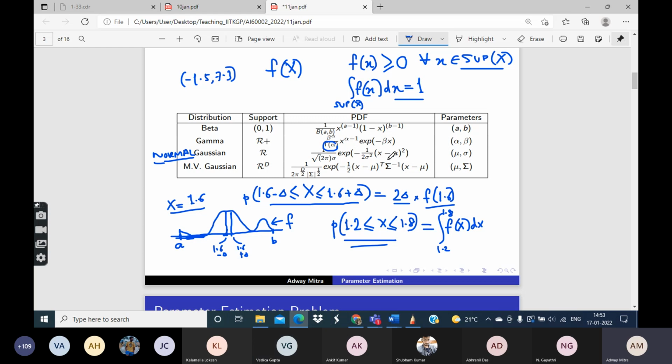Now this whole concept, the concept of the Gaussian distribution, can be generalized to higher dimensions also. So what if the random variable we are talking about is not a single quantity but a vector?